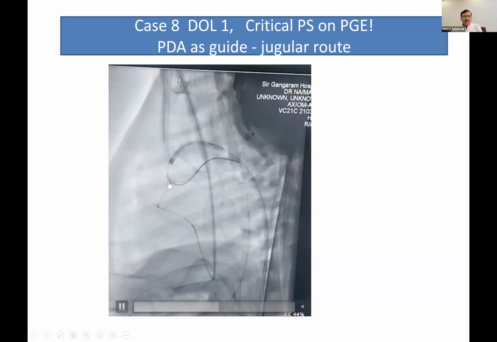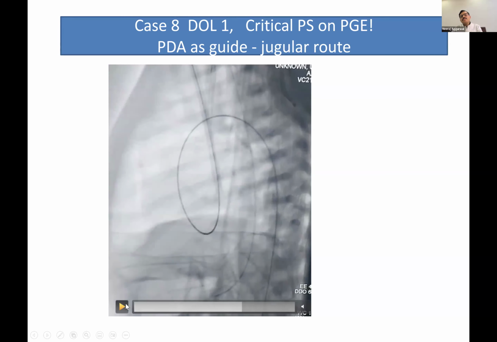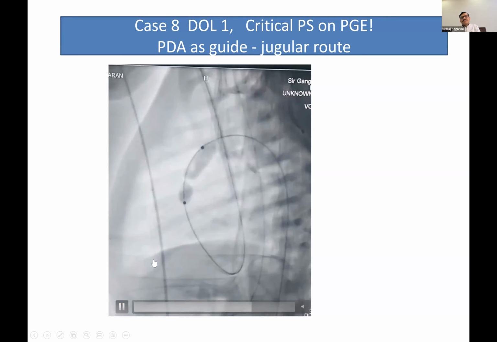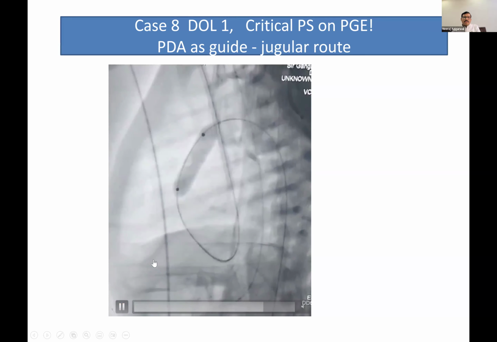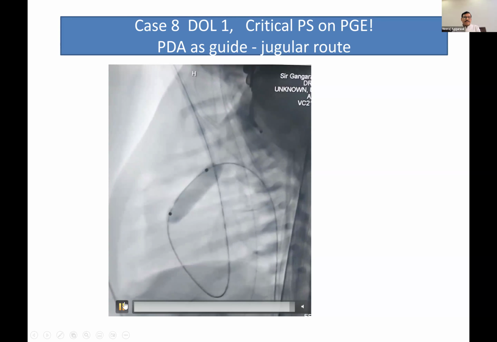You see, I am able to point my wire towards the ductus. So I knew the valve is somewhere here, and that is how I could do the procedure. So transjugular or transfemoral, and then using the ductus as a guide.